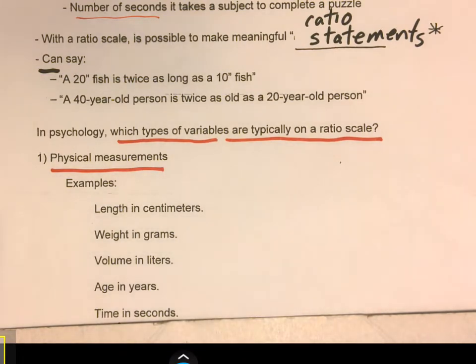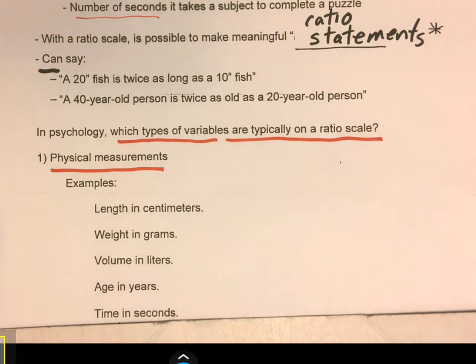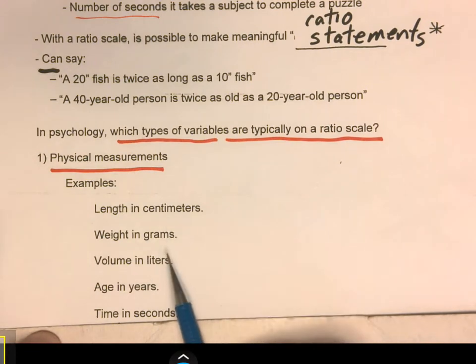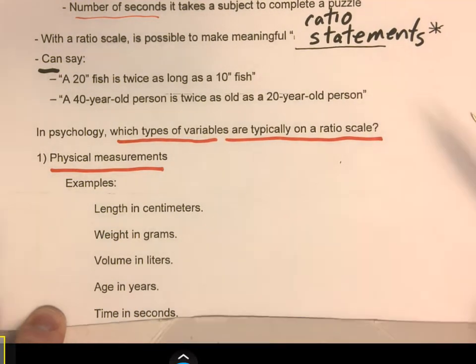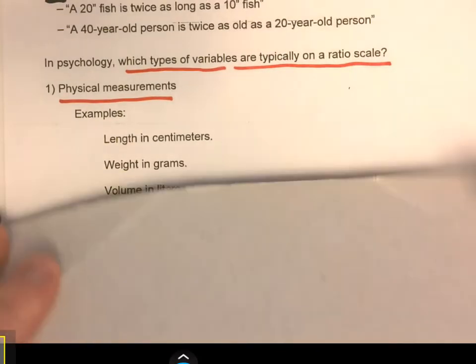I divide them into two families. First of all, physical measurements are usually on a ratio scale. Measuring length in centimeters, that's on a ratio scale. Weight measured in grams. Age measured in years. Time measured in seconds. These physical measurements, most researchers would agree, those are on ratio scale of measurements.